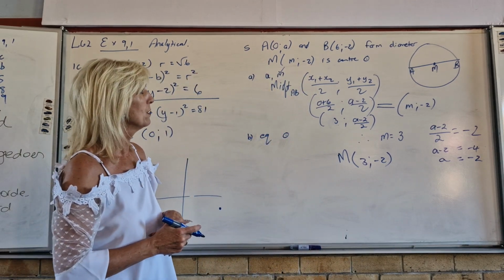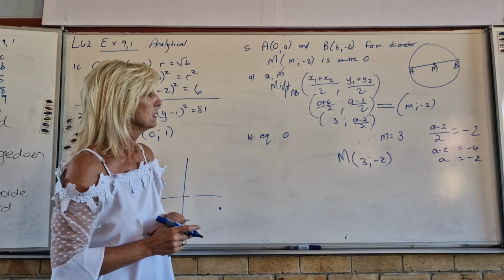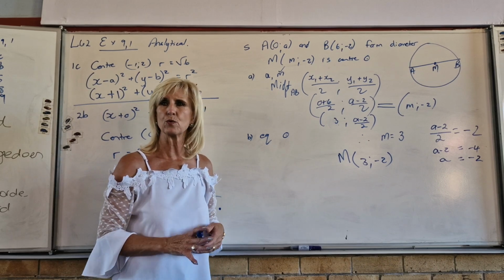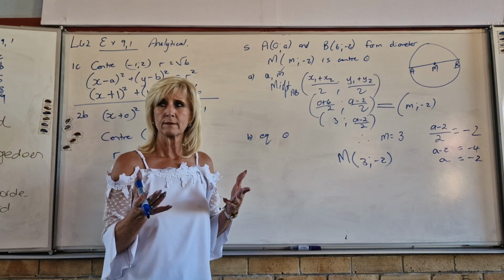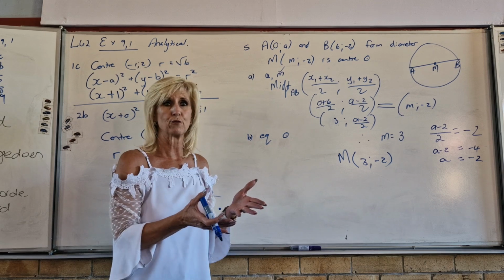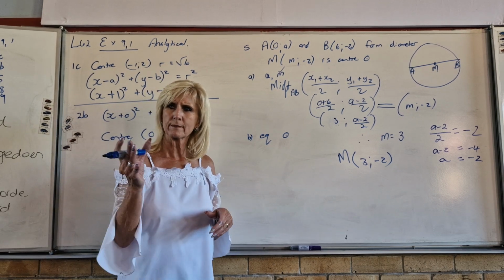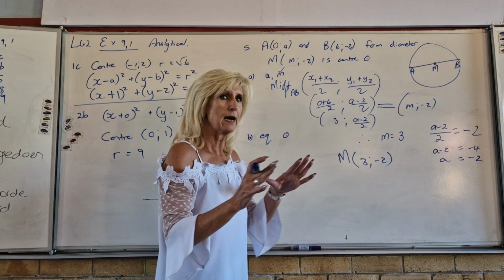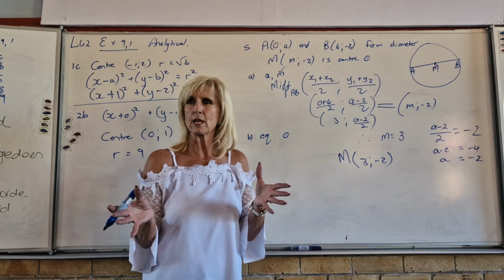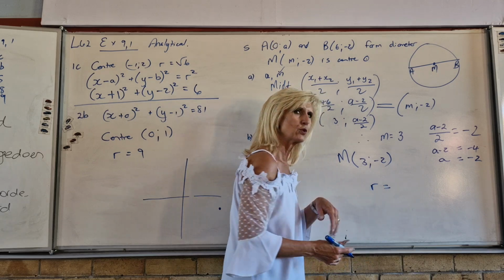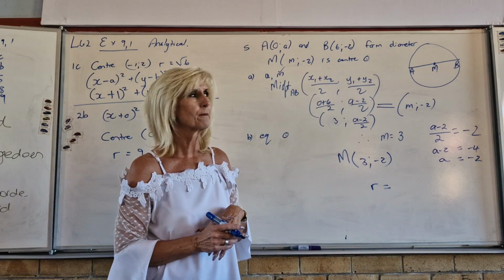And do we know the radius? Because I'm looking for the circle's equation. Oh, no. I still have to do what? Distance formula. Or what can I do? Here, substitution. Guys, different variations. Radius to work it out, how would you do that?